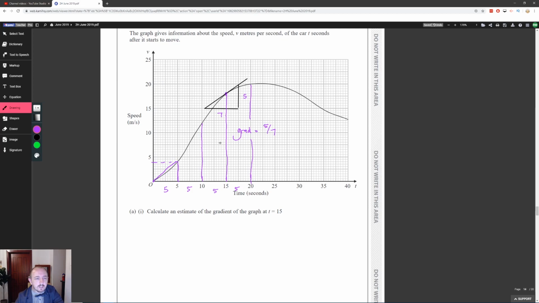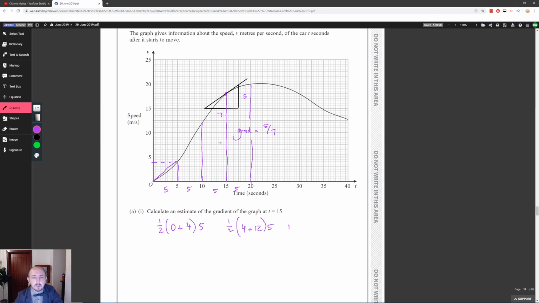So the first one is going to be half the 2 parallel sides, so 0 plus, what's that, about 4, and times by the width. And the second one is going to be half, this time we're going from 4 plus 12, times 5.